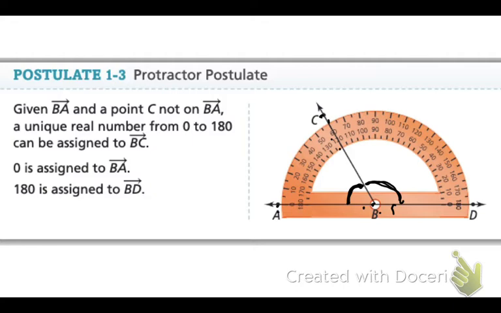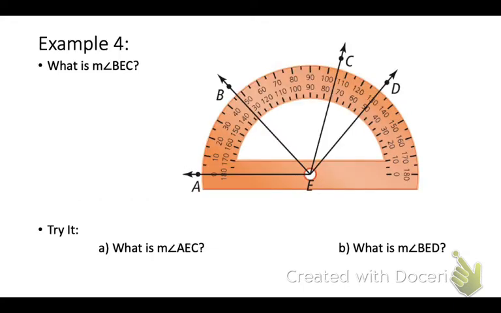So now let's go to actually using it. This is just going to measure. Okay, so I'm going to measure, and it wants to know BEC. So B, E, and C. Okay? Now, where does B cross the protractor? It's not exactly anywhere, is it?